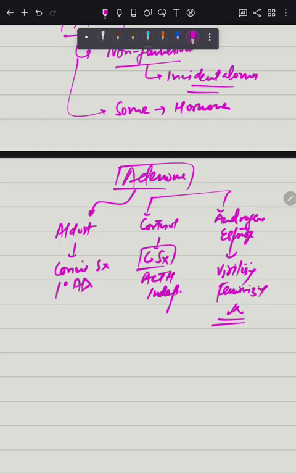Now, Conn's syndrome is when the adenoma secretes aldosterone. And similarly, if the adenoma is secreting cortisol, then it's a cortisol producing adenoma causing ACTH independent Cushing's syndrome. Patient will have moon face, central obesity, striae, osteoporosis, diabetes. And in this case, ACTH will be suppressed.